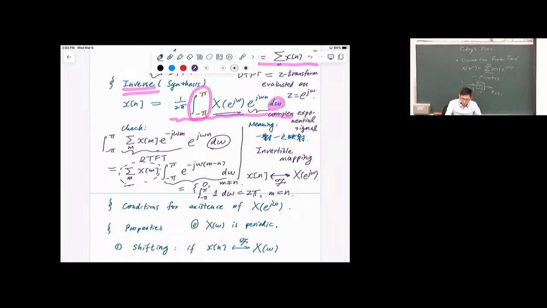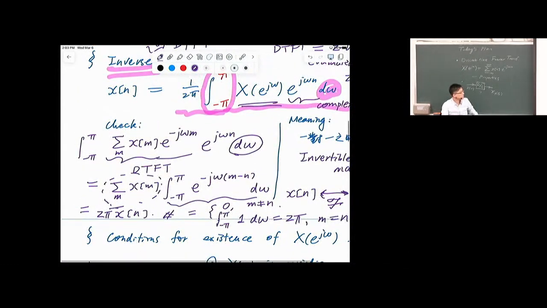So now we reach the conclusion that this result is equal to 2 pi times x[n], and that concludes our derivation. Does everybody see that? 2 pi here, 2 pi there. When we divide by 2 pi, it gives us back x[n]. That's what we need.